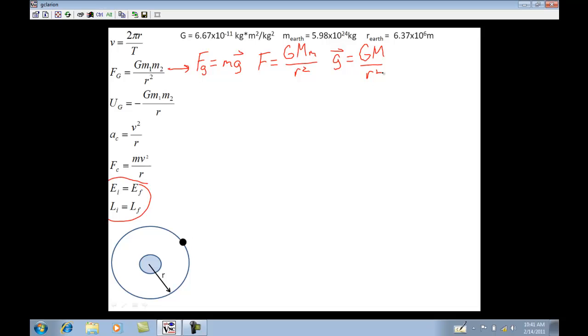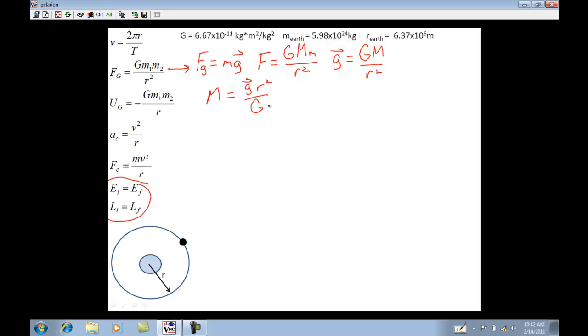Now I can rewrite the mass in this equation. I'm going to solve it for big M, so it's going to be the gravitational field times r squared over big G.